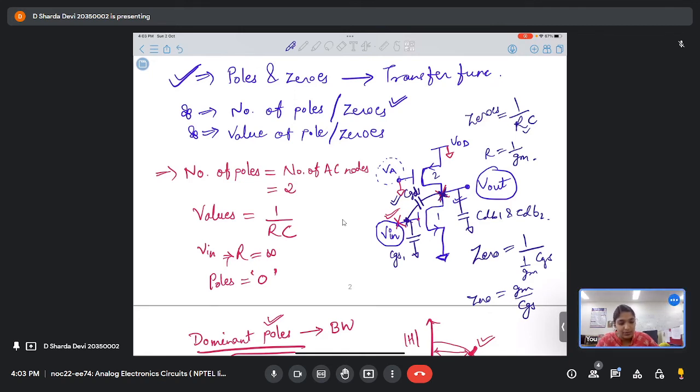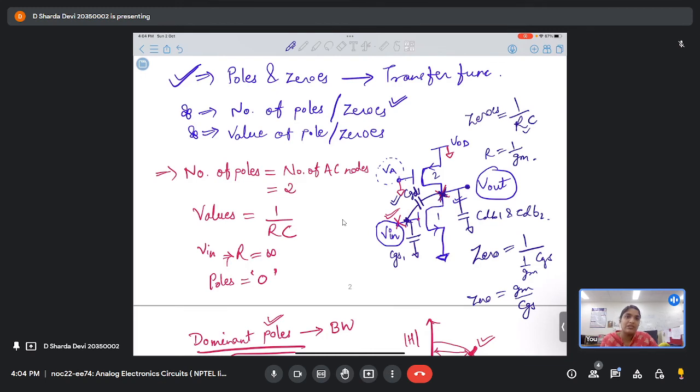So how did this resistance 1 by Gm come? When we were talking about AC nodes, we said across that node, what is the resistance and what is the capacitance that we are seeing. We simply multiply them and say 1 by RC is our pole. But what about when we have a zero? Here the zero is connected between your input and output node, so two nodes come into the picture.